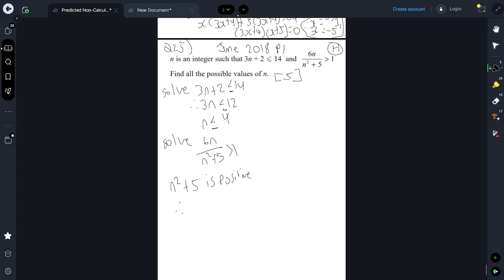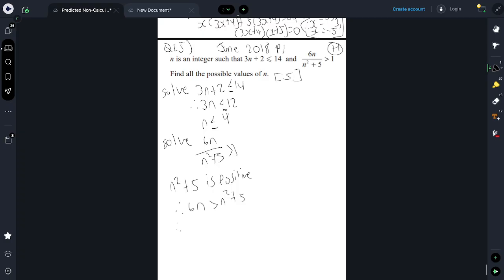So actually, 6n is greater than 1 times n squared plus 5. We don't have to worry about flipping the sign because the denominator has to be positive. So we can just times across and leave the sign as it is, and we get to this.